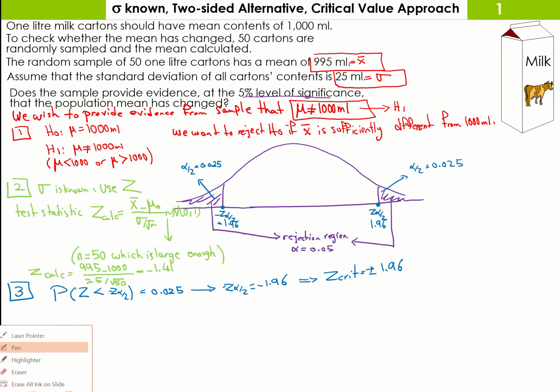Okay, when we look at the z calculated, we see that the z calculated is here, negative 1.41.